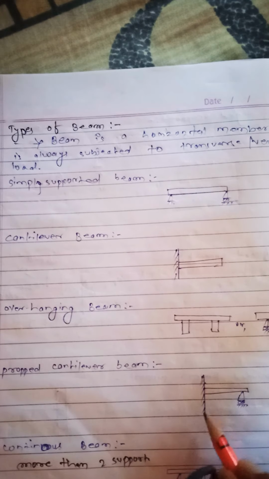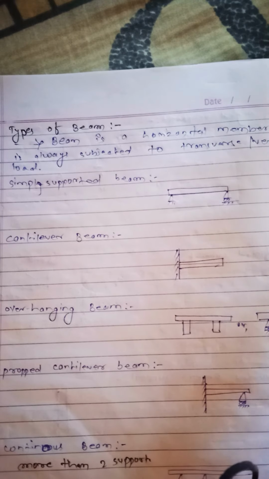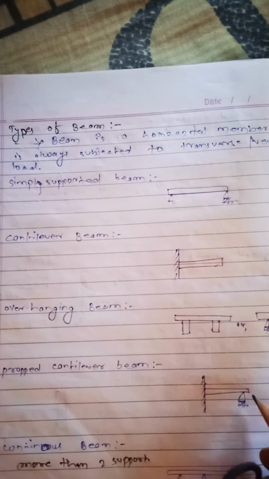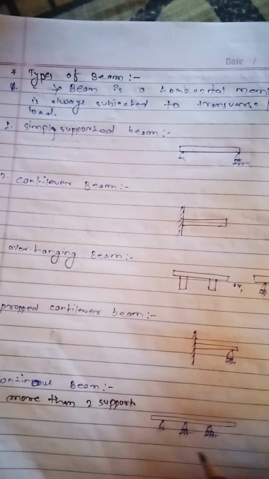Propped cantilever means one side is a fixed support and the other side is a roller support. And continuous beam means there are more than two supports.